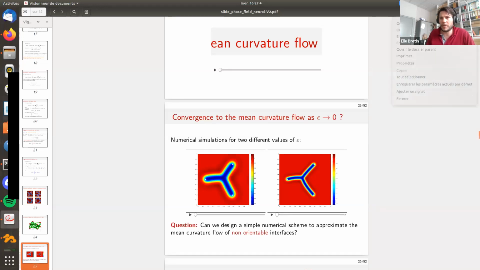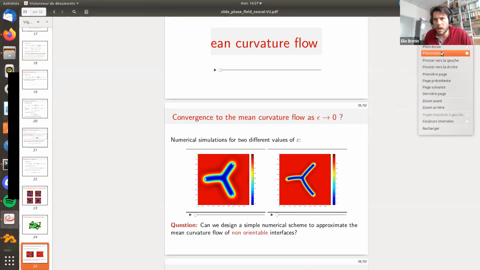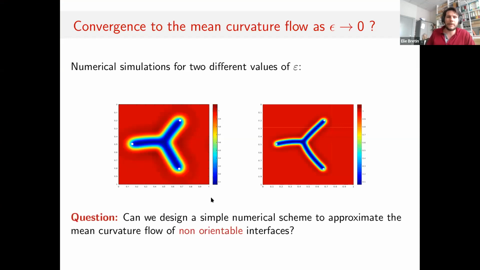So the motivation of this work is to understand how you can design a simple numerical scheme to approximate the mean curvature flow of non-orientable interfaces without using a coupling of the Ambrosio-Tortorelli functional and additional connectedness constraints.